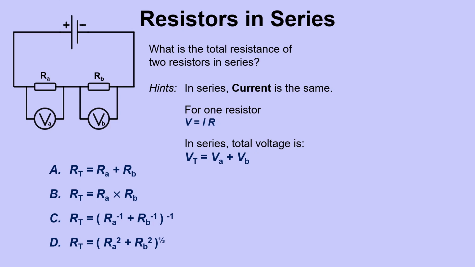You don't need to memorize anything. We know that the voltage adds together, we know that the current's the same, and we know what Ohm's law is. So we have all the pieces of the puzzle there. Let's see what we get when we put them all together. What do we get for the total resistance of two resistors when we combine them in series?